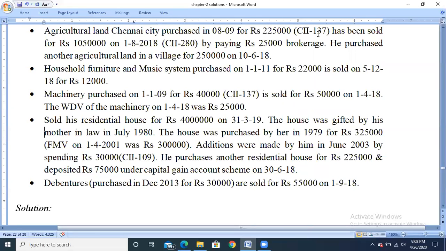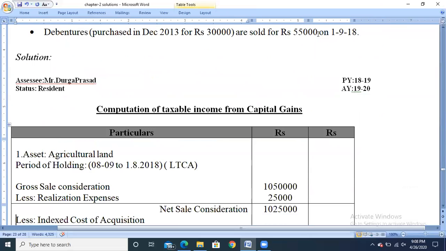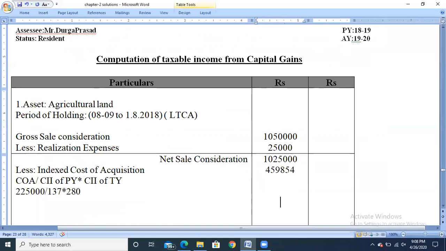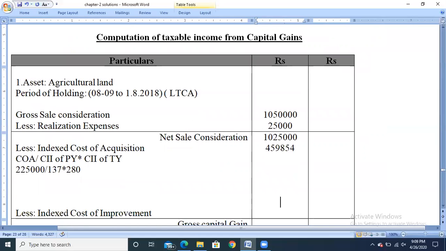So the cost of acquisition is 2,25,000 divided by 137, the CII of purchase year, that is financial year 2008-09, into 280, the CII of the sale year. Now calculate the indexed cost of acquisition and we get the value 4,59,854. Next, since no information on additions is given, the indexed cost of improvement will be nil.